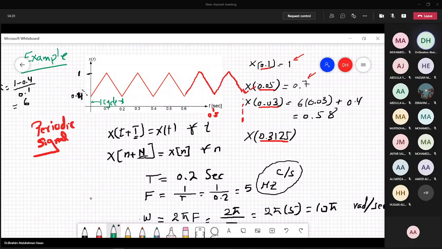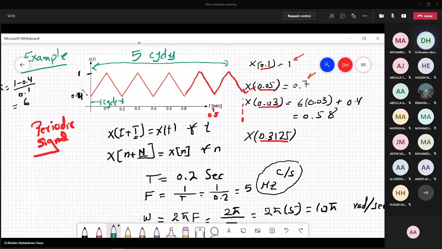Okay, so here we have how many cycles? 5 cycles. Yes. From here to here, this is 1, this is 2, this is 3, 4, 5. So from here until here, we have 5 cycles.